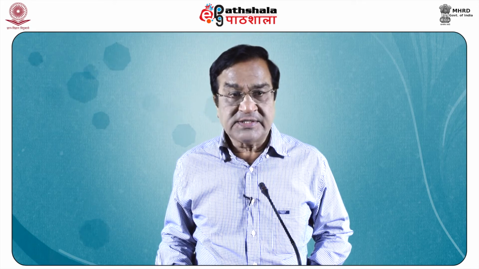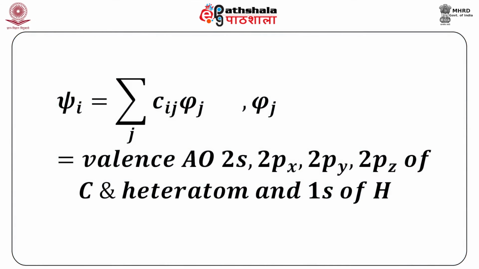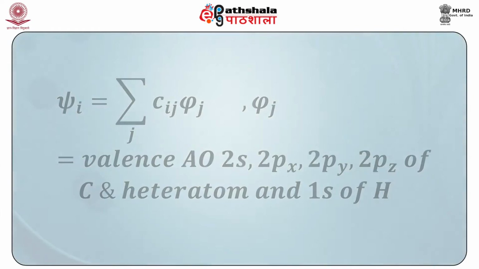And therefore, we can say that psi i will be equal to summation Cij phi j, where phi j is the valence atomic orbital. It could be 2s, 2px, 2py, 2pz of carbon or heteroatom, and 1s of hydrogen. So this constitutes what we call the basis set.